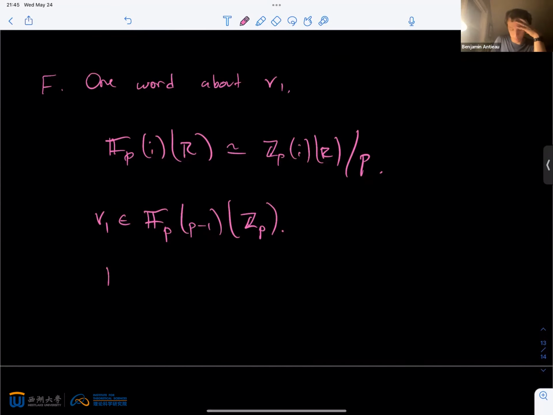And it was known before us, thanks to work of Clausen, Mathew, and also Land, Mathew, Meier, Tamme, that this element acts on TC. Well, it basically acts on the K-theory of Z mod p^n, but now mod p. So we take the cofiber of multiplication by p, and v_1 acts nilpotently.